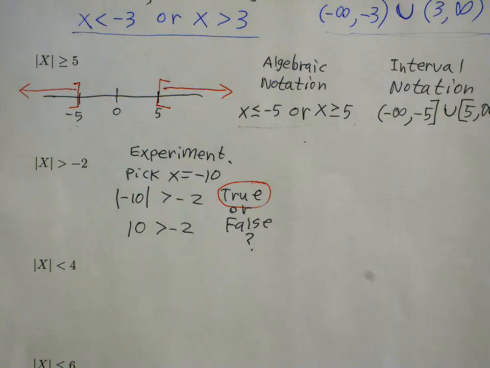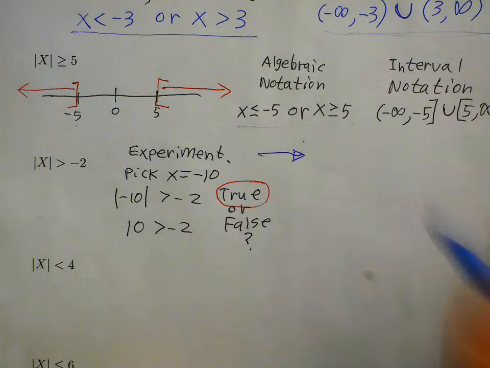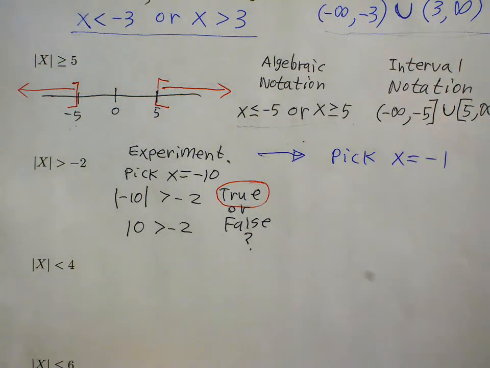Can you think of a number that is not a solution? That could be another experiment. Think of a number that you think might not be a solution. -1? Okay. So experiment part 2, this time pick x to be -1.